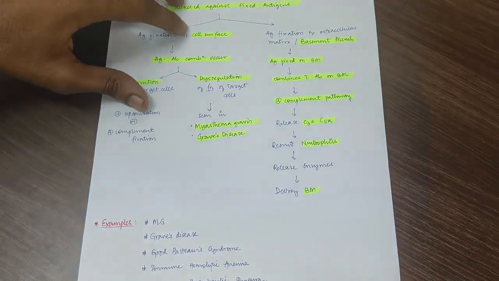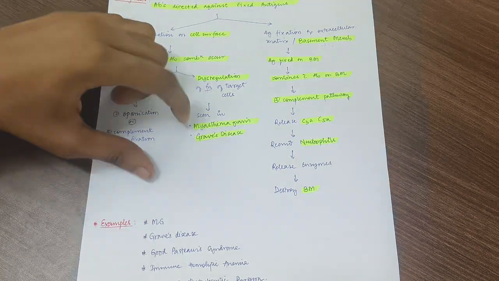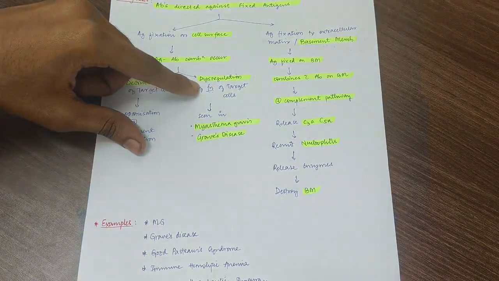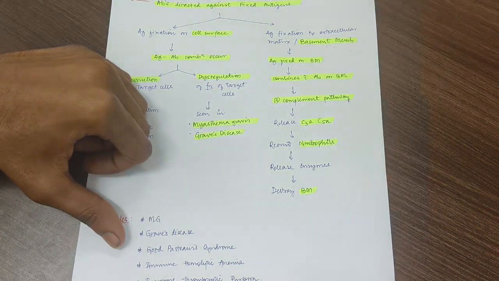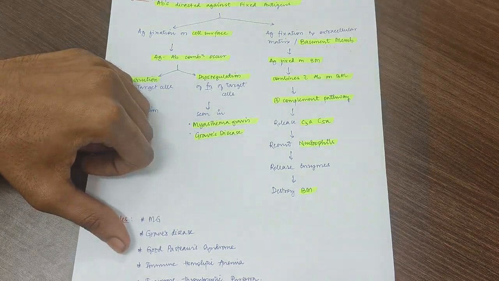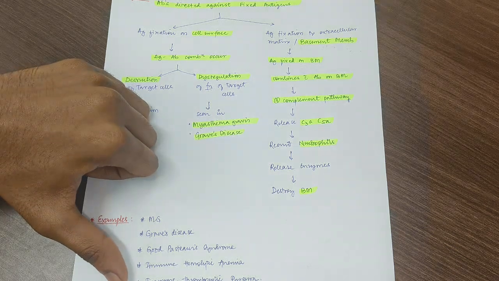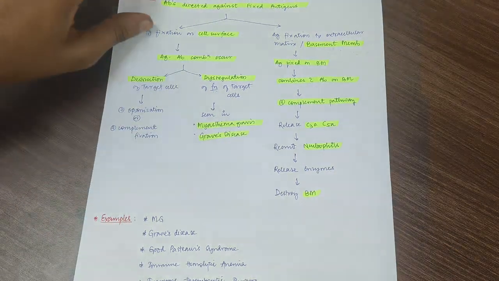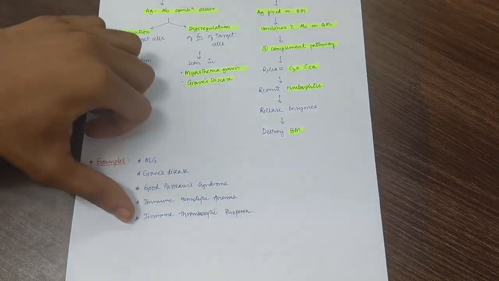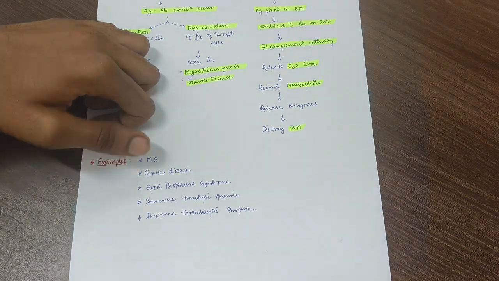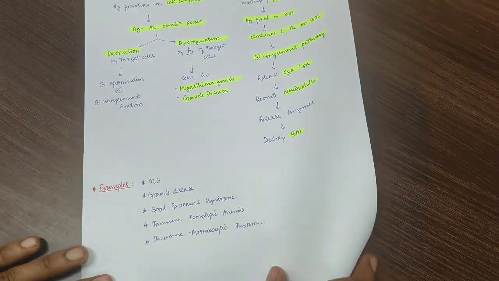So what are the examples here? Myasthenia gravis and Graves' disease, where there is dysregulation of target cells. Next is Goodpasture's syndrome, then immune hemolytic anemia and immune thrombocytopenic purpura. These are the examples: ITP, immune hemolytic anemia, Goodpasture's syndrome, Graves' disease, and myasthenia gravis.